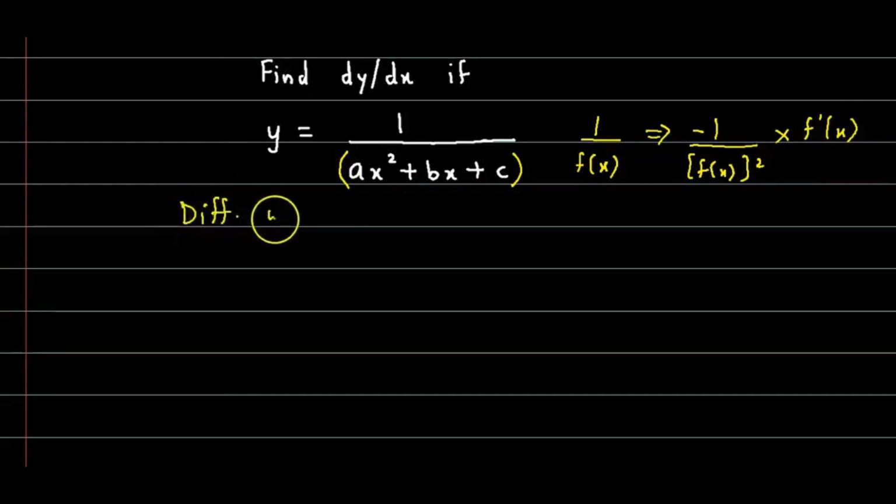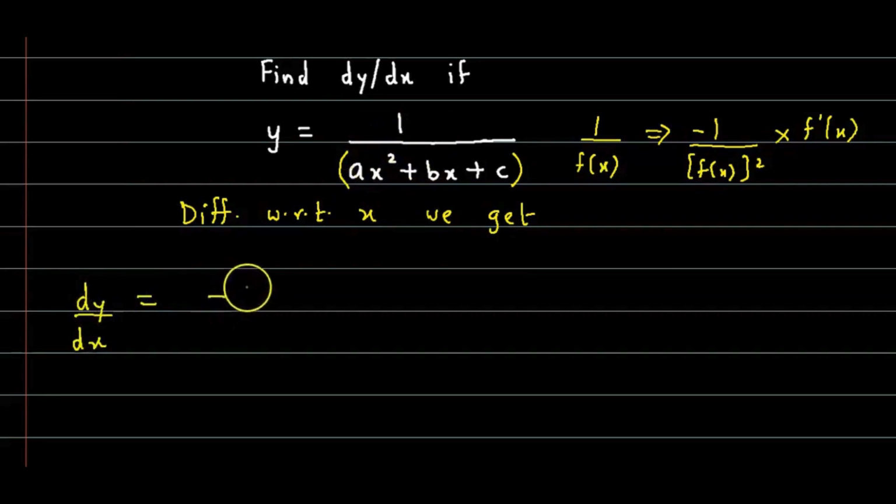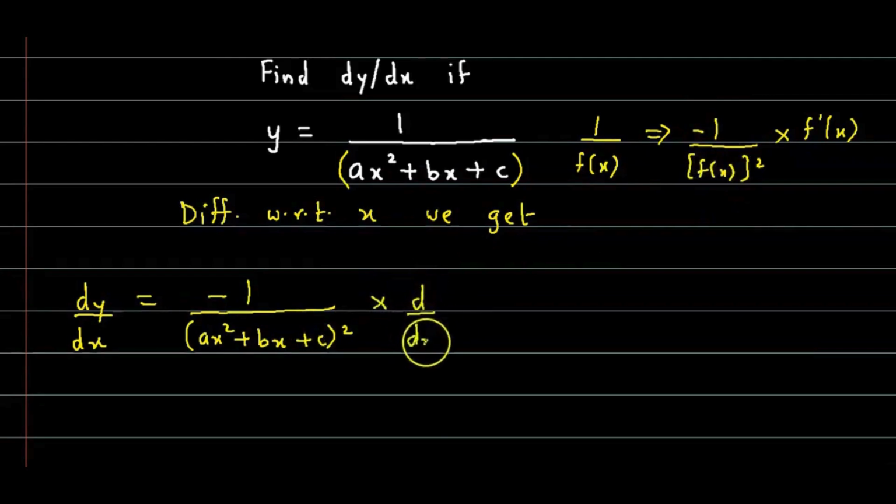So differentiating with respect to x, we get dy by dx is equal to, we take its derivative. So minus 1 upon ax square plus bx plus c the whole square. This is our part, minus 1 upon f of x square into the derivative of f of x, that is the derivative of ax square plus bx plus c.